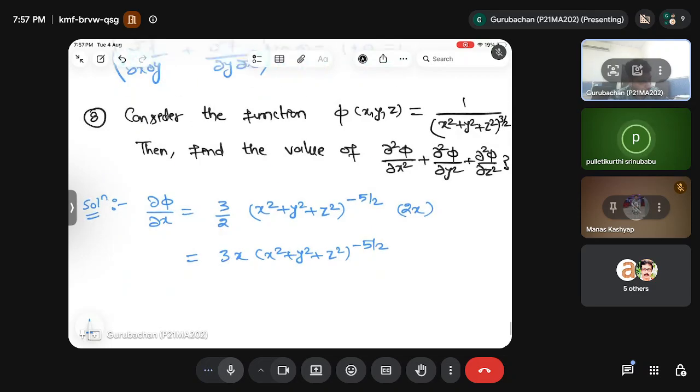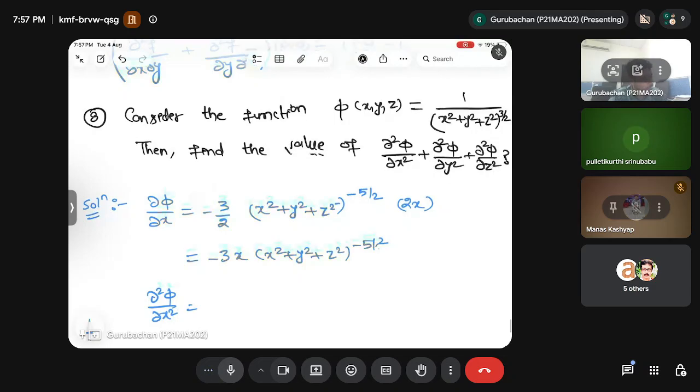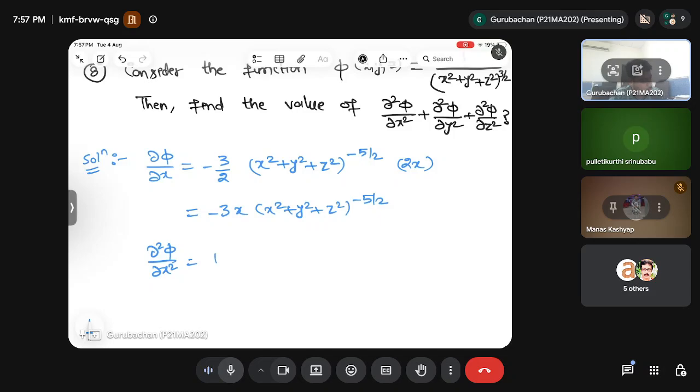The minus sign will be there, so minus 3 by 2. Now this will become 15 by 2 x (x square plus y square plus z square) to the power minus 7 by 2 into x.